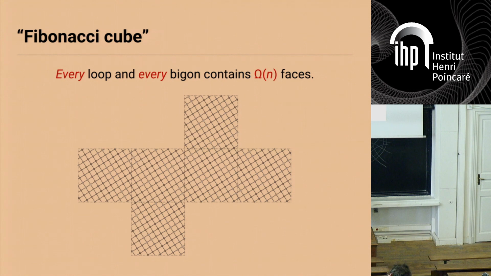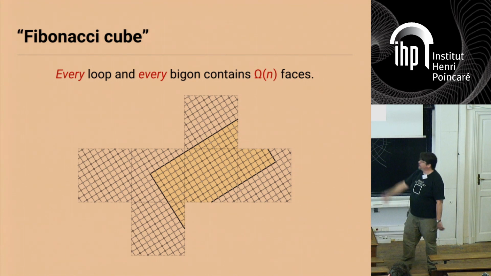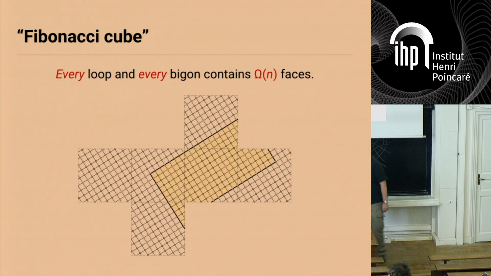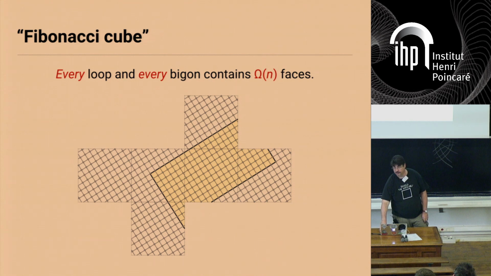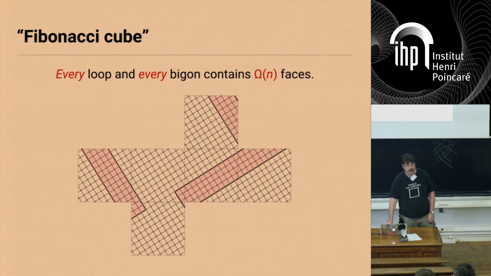And this particular, it's not actually a curve, it's a multi-curve, but it has the feature that every bigon, here's one, uses a constant fraction of the faces. This is a nice feature of Fibonacci numbers. It's a bit of number theory. Here's another bigon.